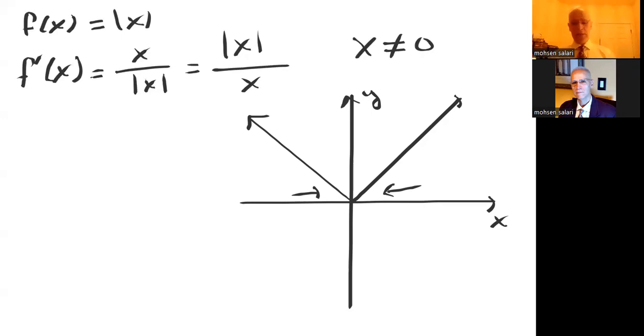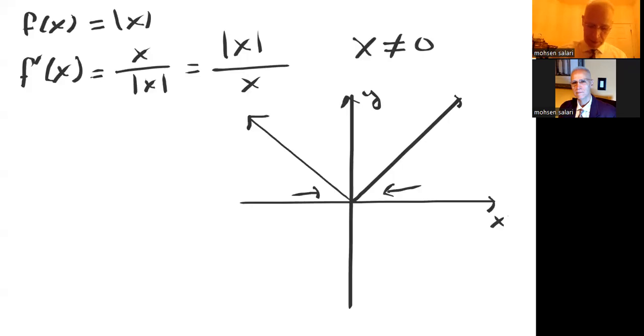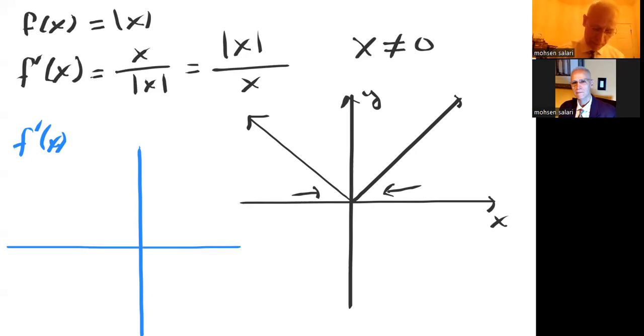Having said all this, here's what I invite you to look at. I invite you to look at a piecewise function for f prime of x. So for the graph of f prime of x, let's say this is my x and this is my y, and let's say this is 1 and there's a hole in here, and there's a negative 1 and there's a hole in here.